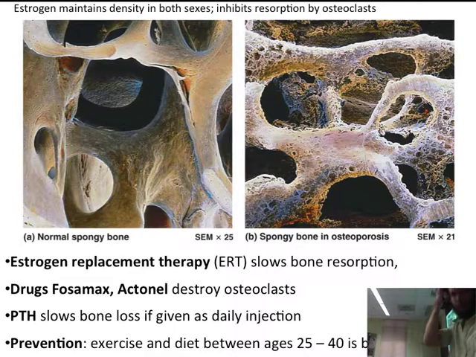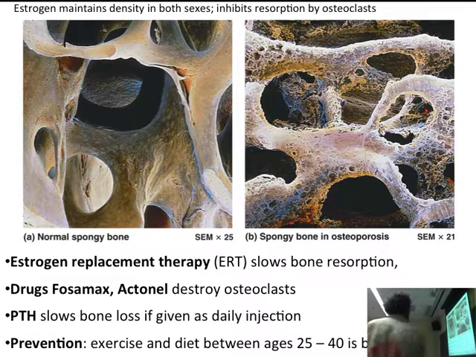Estrogen. Estrogen is one of the hormones that is responsible for maintaining bone density in both men and women. It inhibits resorption by osteoclasts. Estrogen modulates, attenuates the action of osteoclasts.